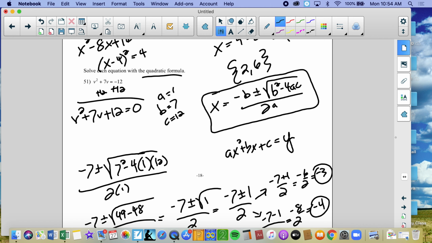So ax squared plus bx plus c equals y. X and y make a point. And remember, we're creating a parabola, so you have lots of x and y points.